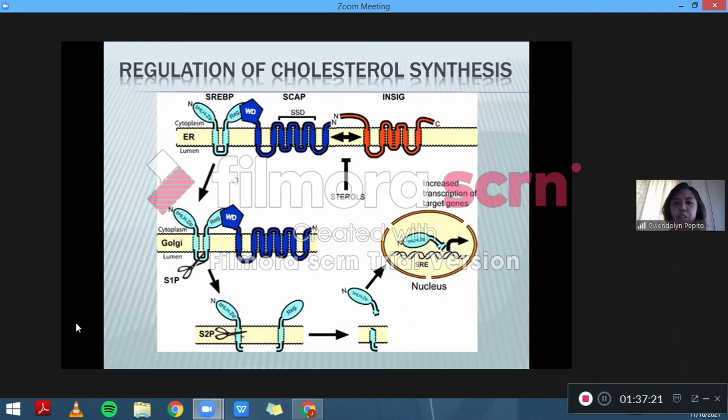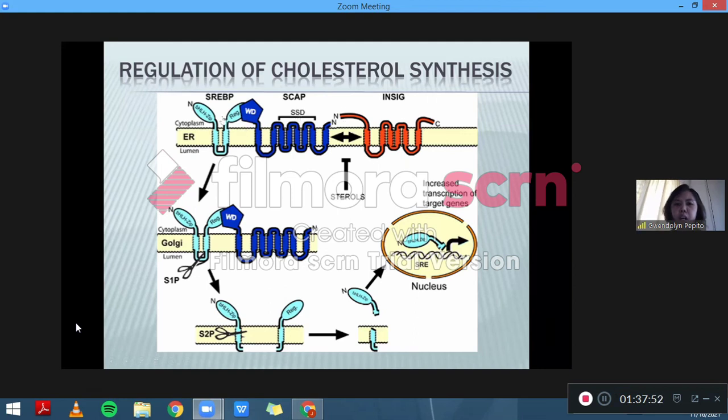INSIG, or insulin-induced gene protein, when bound to SREBP, makes the SREBP inactive, so it will not drive the transcription of your enzymes for cholesterol synthesis. Okay.